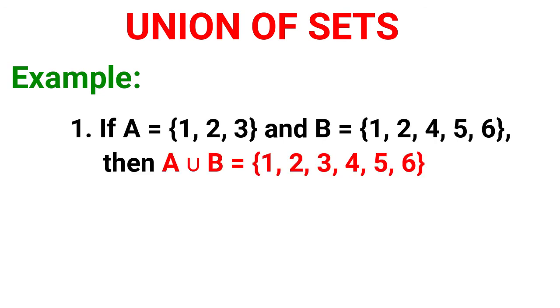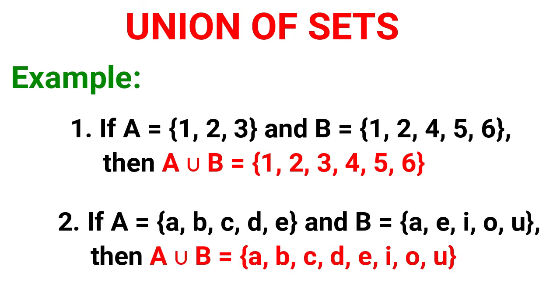We have here some examples of finding the union of sets. In number 1, if A equals 1, 2, 3, and B is equal to 1, 2, 4, 5, 6, then A union B is 1, 2, 3, 4, 5, 6.